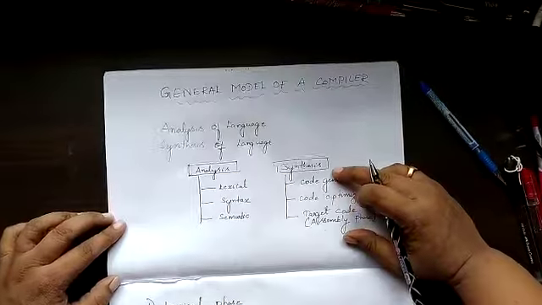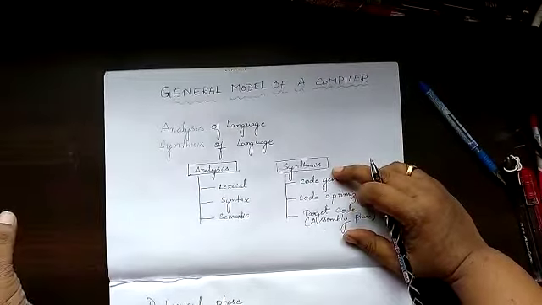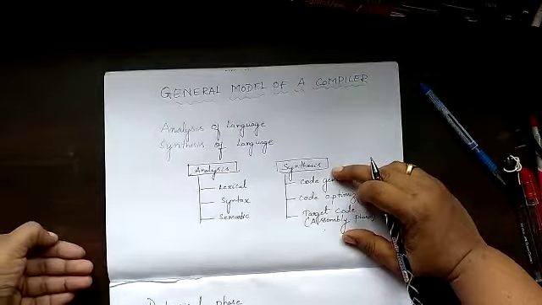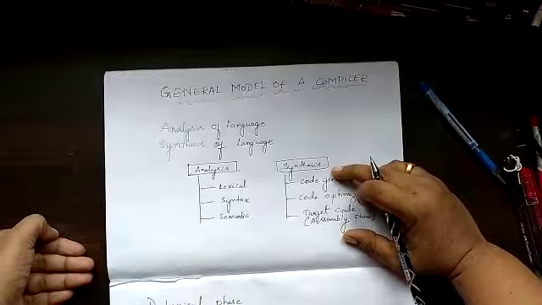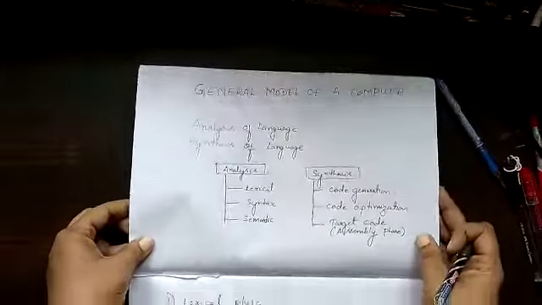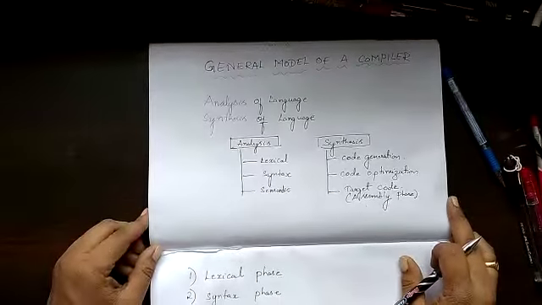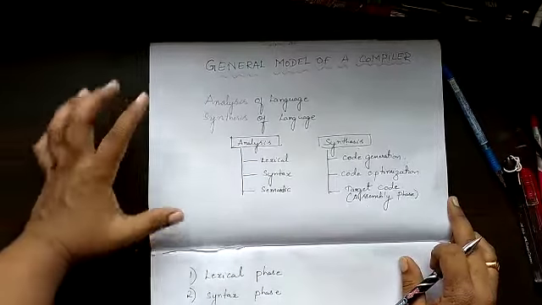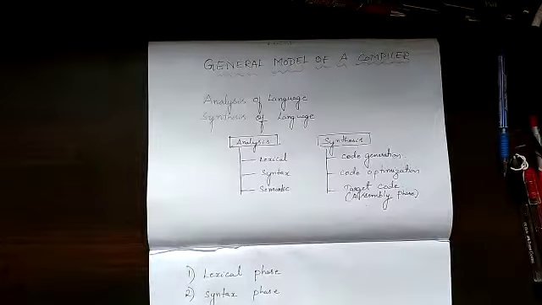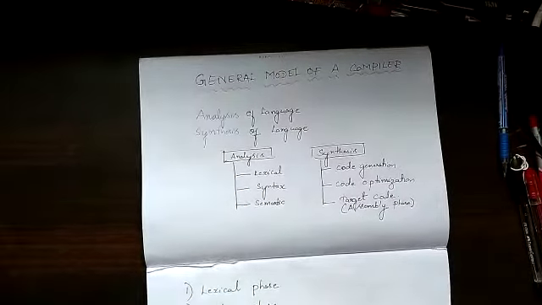So this is synthesis: combining all the broken down components and trying to get the desired output. That is the synthesis phase. So this is what you have to write for the general model of a compiler in the beginning. Then you have to start with the phases of a compiler.